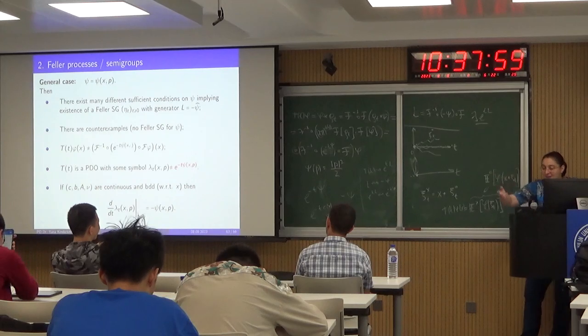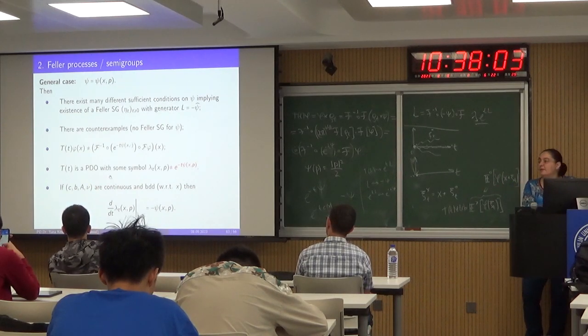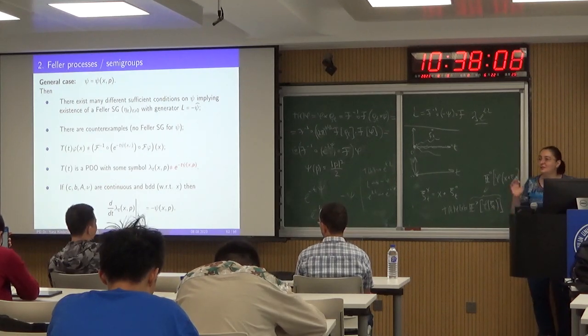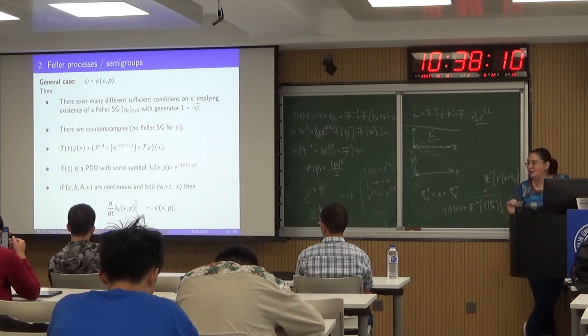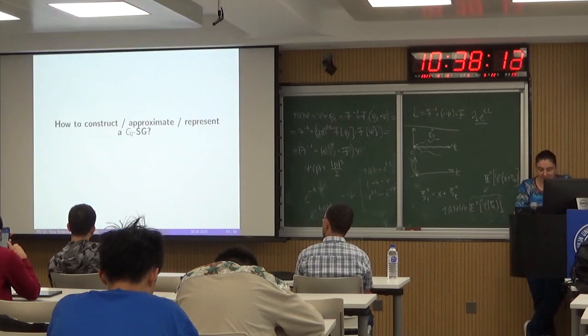Of course, if there is a semigroup but we don't know how it looks like, then we have to approximate it. So something is still doable, but that is lecture number 4.